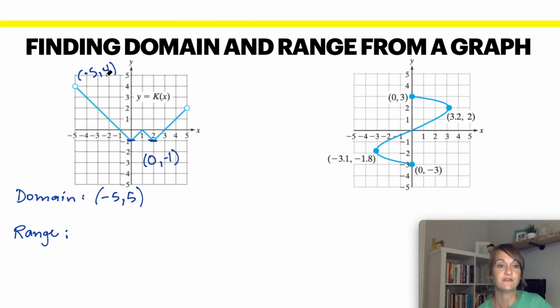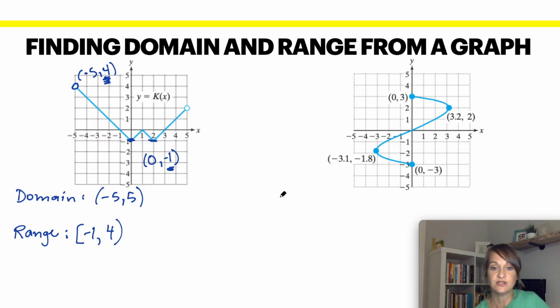So for the range, you're seeing how far low the y values go to how far high they go. In this case, -1 is included because it does hit -1. But as high as it goes is 4, and because of the open circle, it does not hit 4. So there should be a parentheses around the 4 and a bracket around the -1.